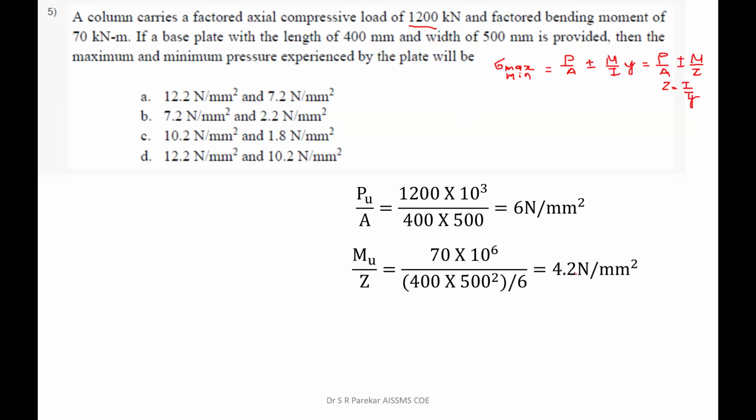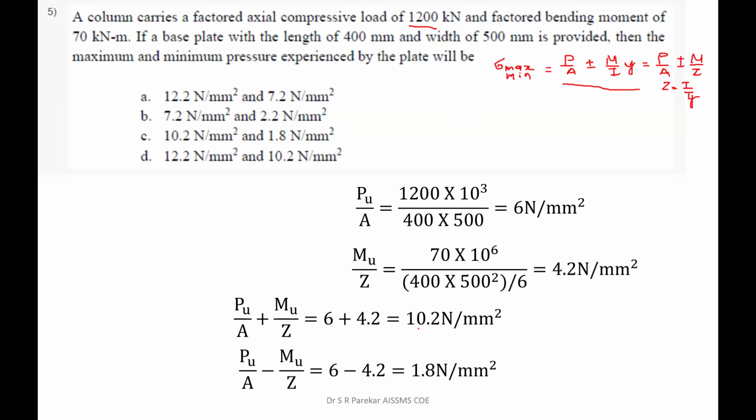It comes to 4.2. Now we have plus minus this value, Pu by A plus Mu by Z: 6 plus 4.2, that is 10.2 Newton per mm square. And minus, we have 1.8. For this the option is option C.